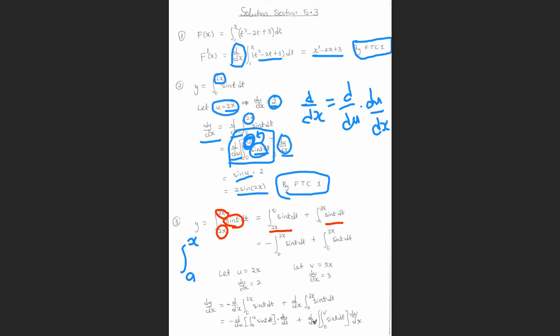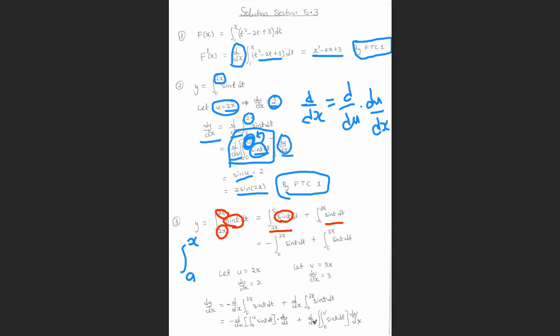Now, you need to be careful. For example, let's say that I change the sine function to 1 over x. Automatically 0 doesn't work anymore. You know why? Because 1 over x is not defined when x is 0. So you always need to think about it. You can choose any number to split your integral into 2.